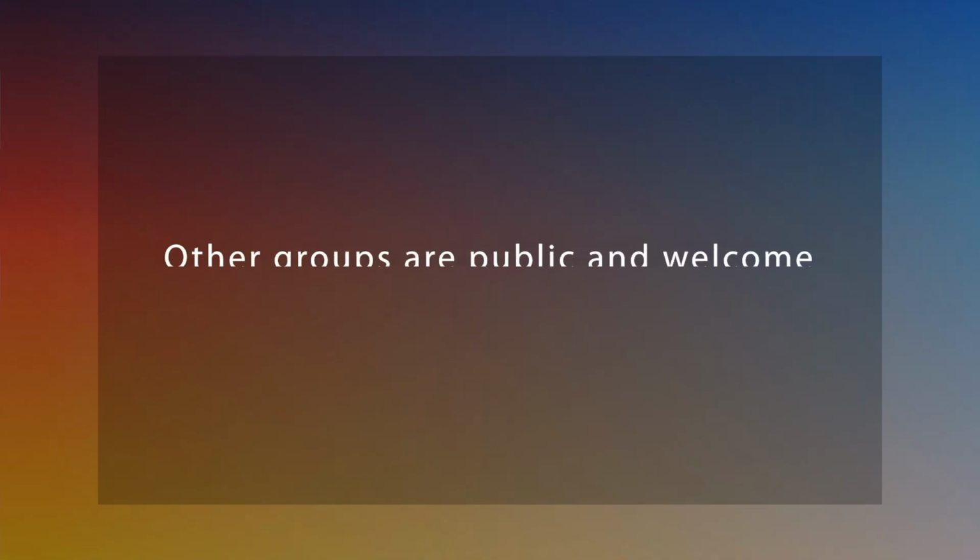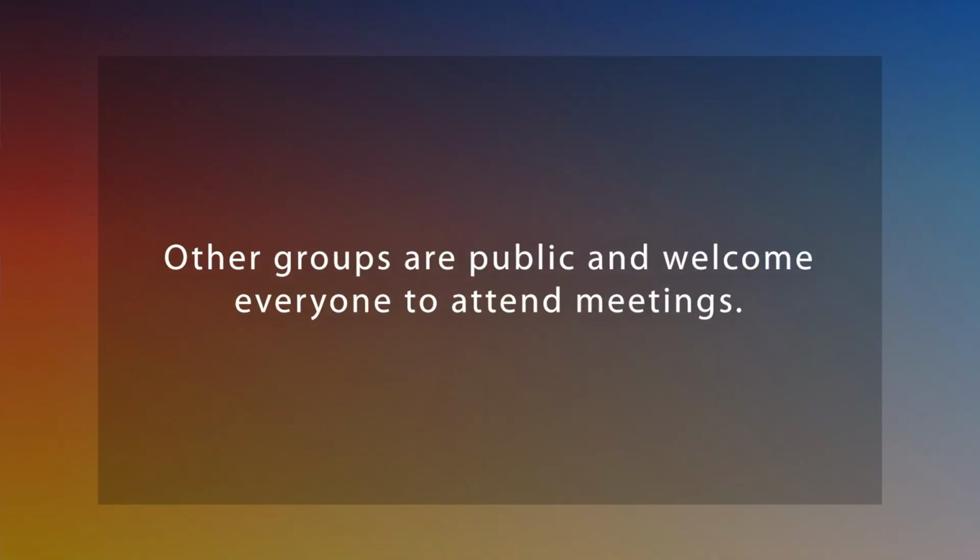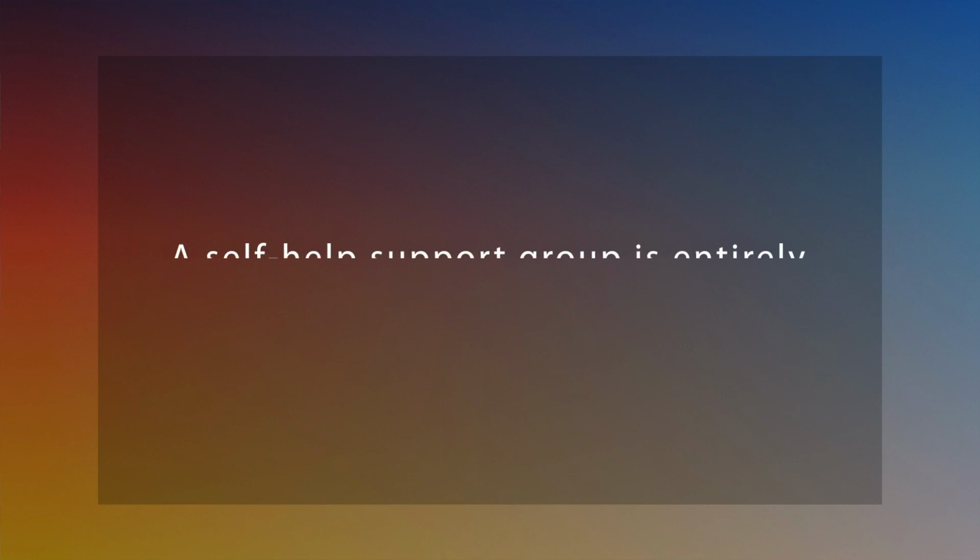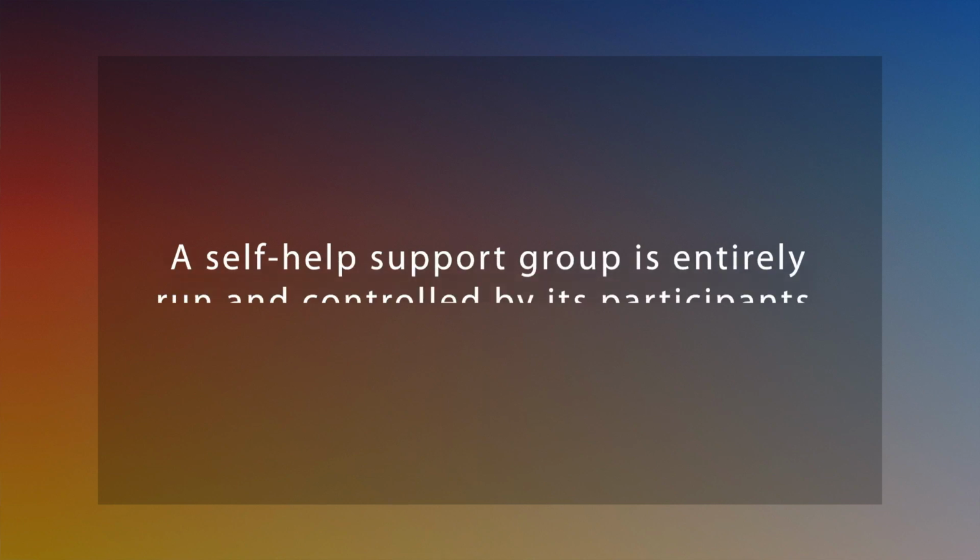Some support groups formally regulate membership through entrance qualifications and membership dues. Other groups are public and welcome everyone to attend meetings that are posted or take part in online forums. For instance, a self-help support group is entirely run and controlled by its participants, who are frequently volunteers with first-hand knowledge of the group's topic.